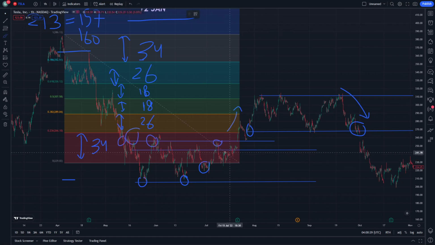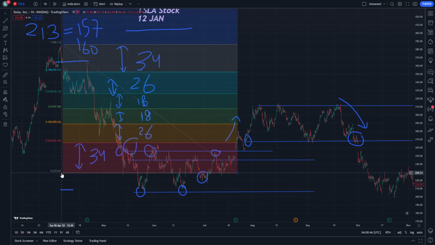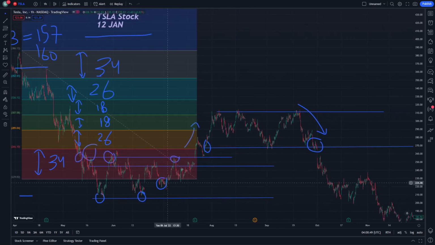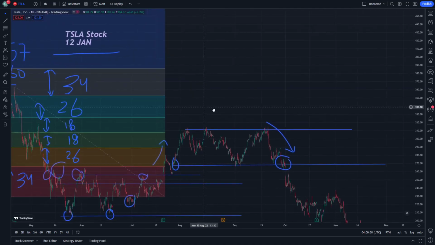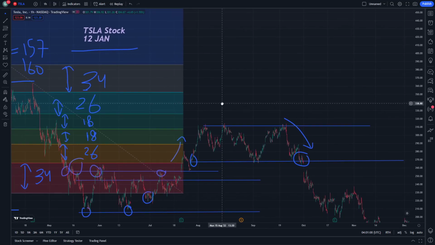Since it stopped here, it decreased to a certain level instead of going to this level and then increasing, because this is a balance. It seems the zero Fibonacci level here has an instability that helps Tesla stock increase to this level. That is very serious for Tesla stock.